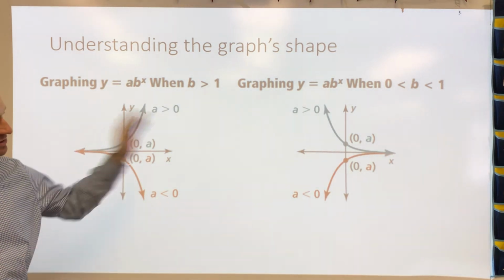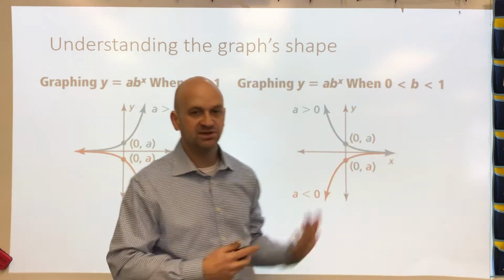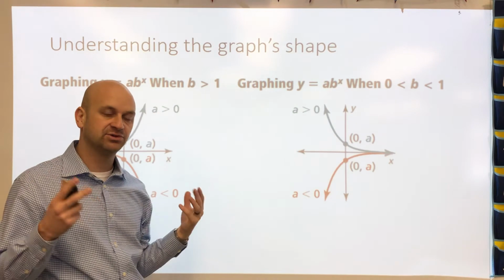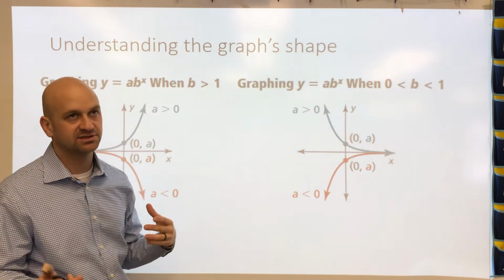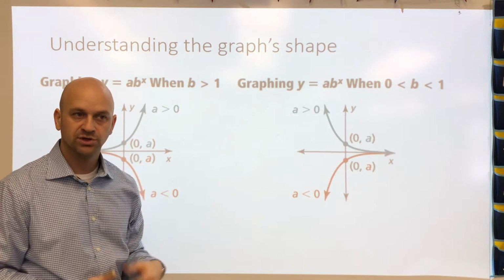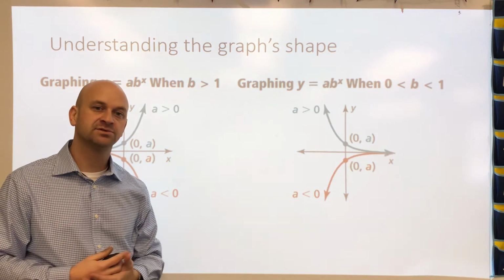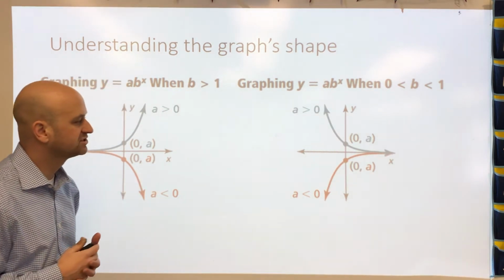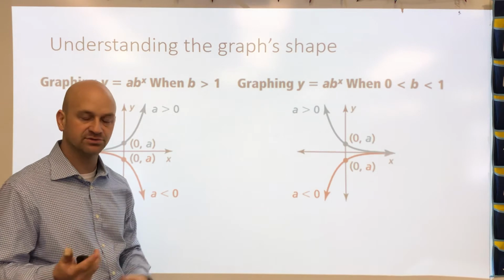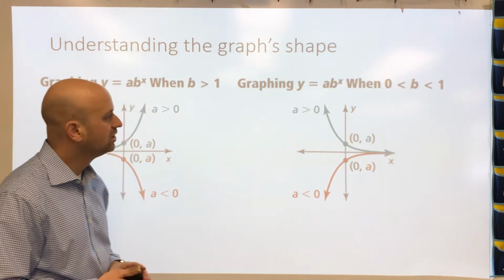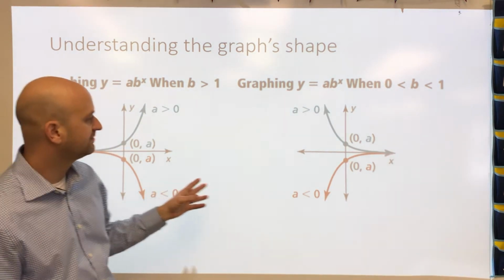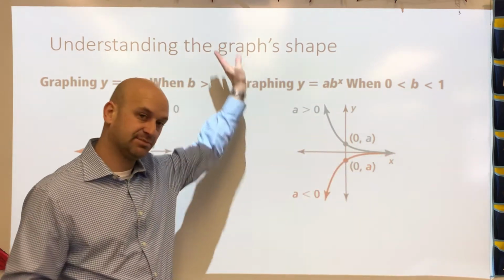Okay, now let's go to this one. In this case, we have b, which is going to be a value less than 1, which often includes our common decimals, or even our common fractions, such as half, a third, 2/3, 3/4, and so on. All right, now what happens to the graph is that it increases in the opposite direction.